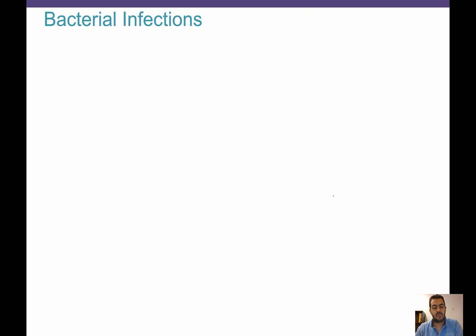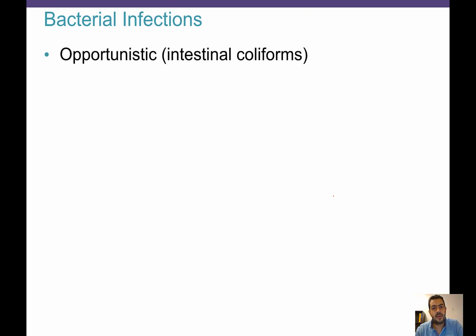So let's start with the bacterial infections. We normally have the coliforms, as you know, in the GIT. So we have the intestinal coliforms, and these are opportunistic. Once they are in the intestine, that's fine, no problem.